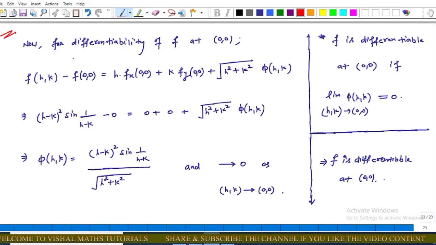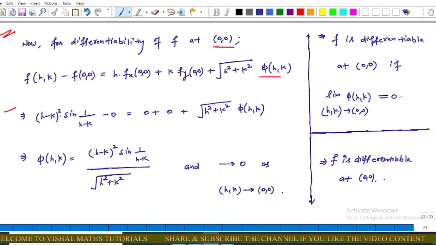Now for this question, we also have to check the differentiability of f at (0, 0). As we know the procedure for differentiability in two variables: f(h, k) − f(0, 0) = h fx(0, 0) + k fy(0, 0) + √(h² + k²) φ.